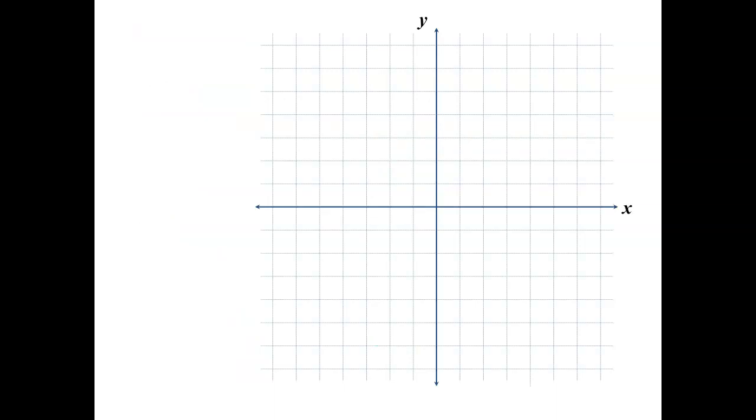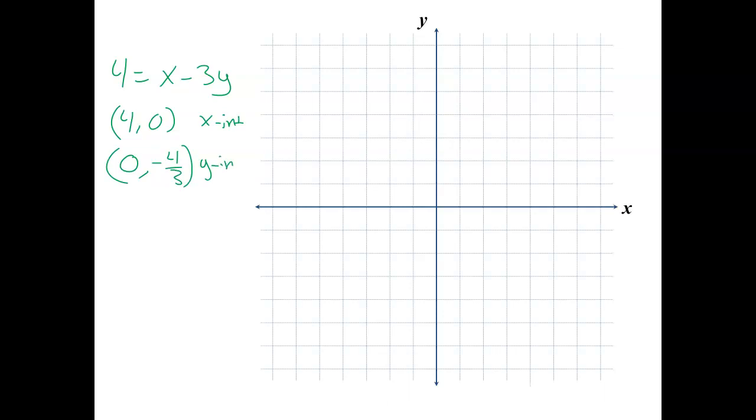All right, so what was my equation? 4 equals x minus 3y. And what were the 2 points that I need to plot? That's my x-intercept and my y-intercept.